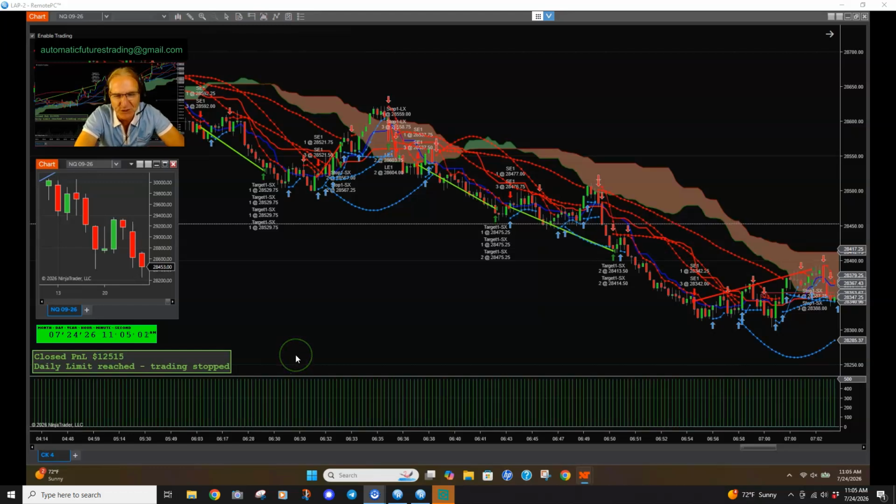I used to be a discretionary trader. I would sit here and stare at the screen, waiting for my entry, watching to see what price is going to do, where am I going to exit, all of those things. Thousands of hours of screen time. I felt like the computer was sucking the life out of me, okay?